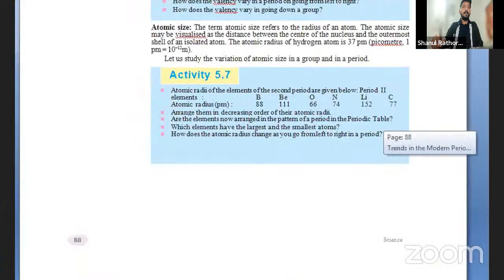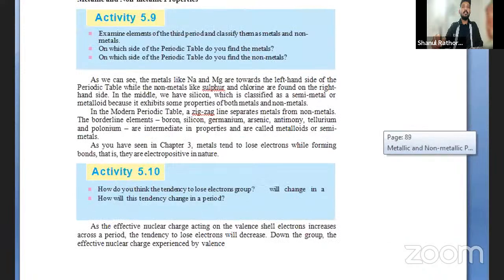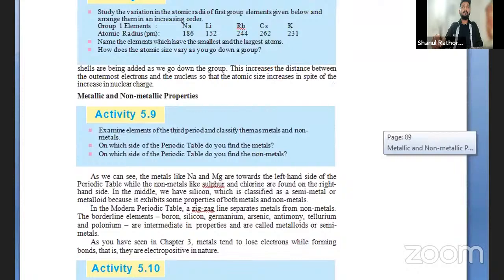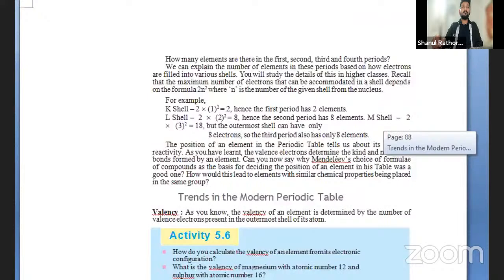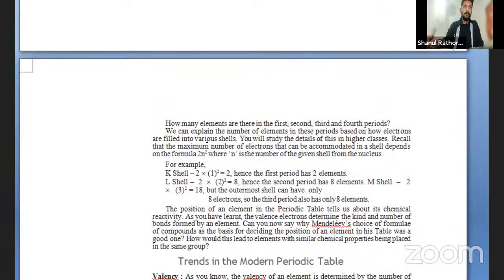Now, for the remaining topics that we left in the last session, I think this kind of thing makes you more confused, just because many of you don't know about the shell, the orbital, and the number of electrons in a specific atom.